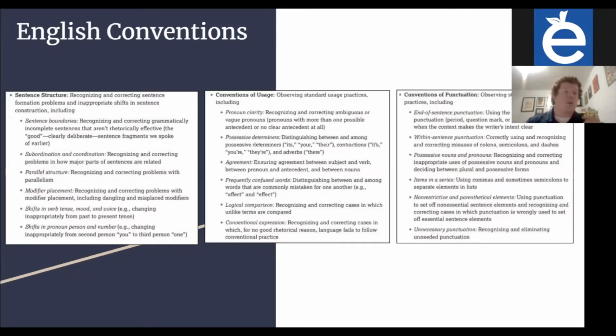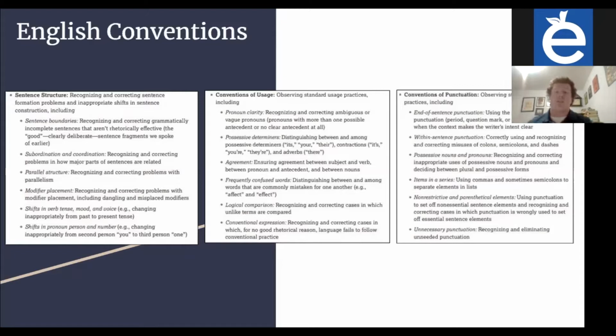Sentence structure talks about things like sentence boundaries, subordination and coordination, parallel structures, modifier placement, shifts in verb tense, mood, voice, etc., shifts in pronoun, person, and number. Conventions of usage is about using appropriate words, descriptions, etc. So things like pronoun clarity, possessive determiners, agreement, frequently confused words, logical comparisons, and conventional expressions.